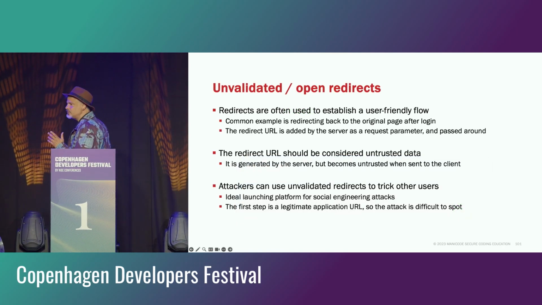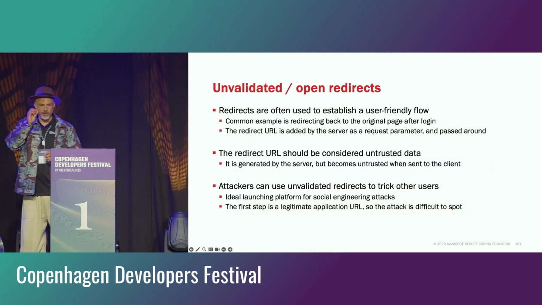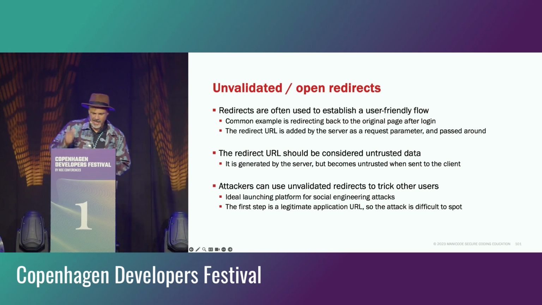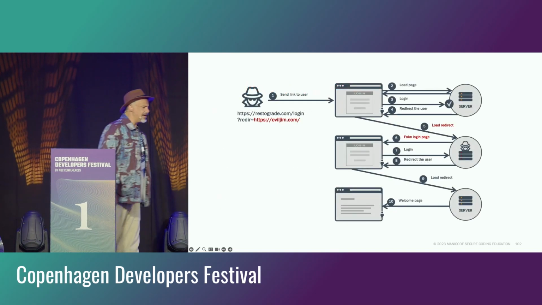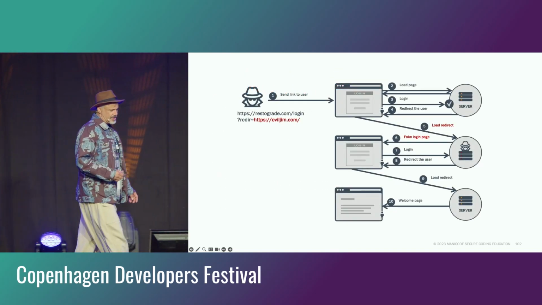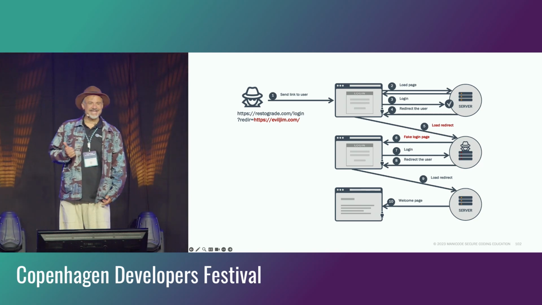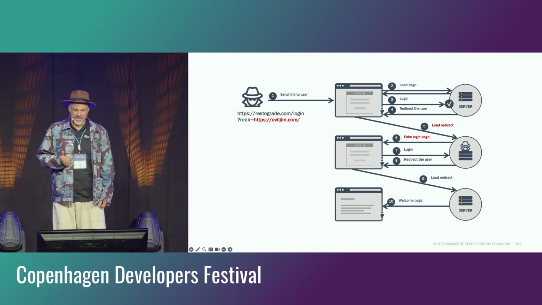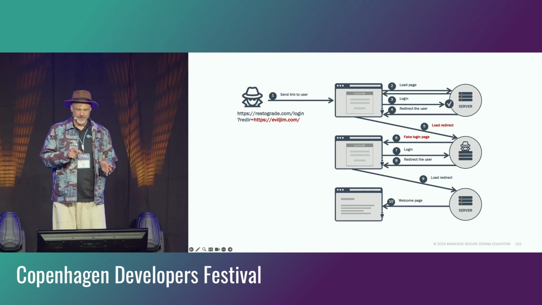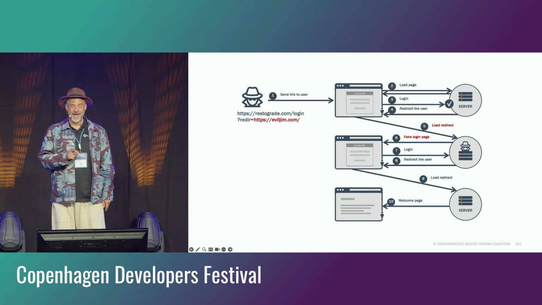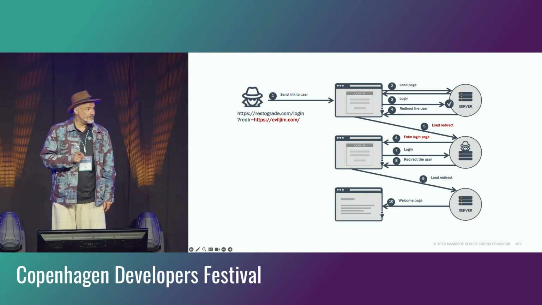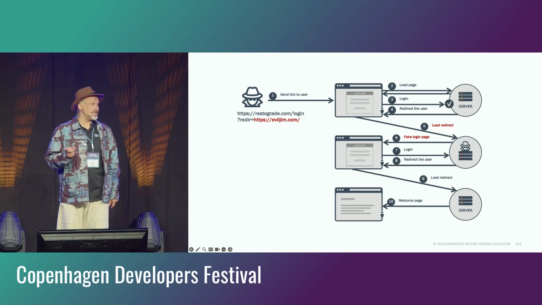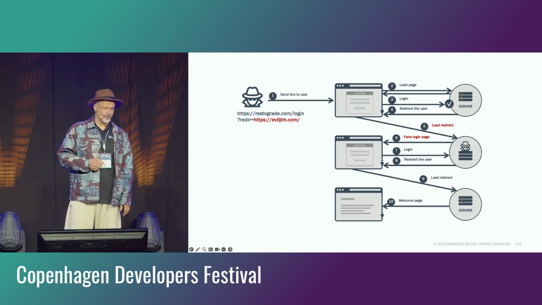Redirects are used to establish a user-friendly flow here, right? And here's this pattern I was talking about. I have a URL that has an evil redirect parameter for login. In step 2, they load the page. That's your login page. They log into your login page successfully, but then it redirects to my fake login page because I can manipulate the redirect parameter.